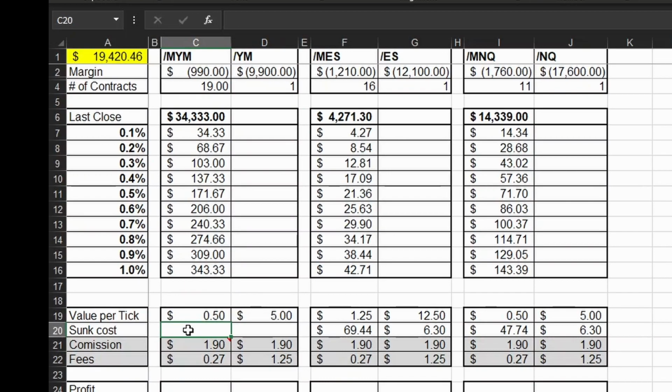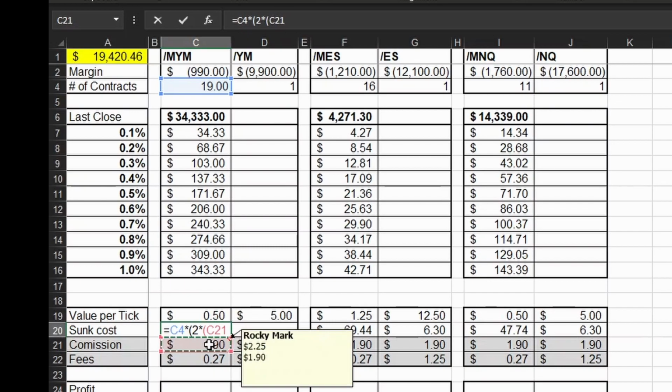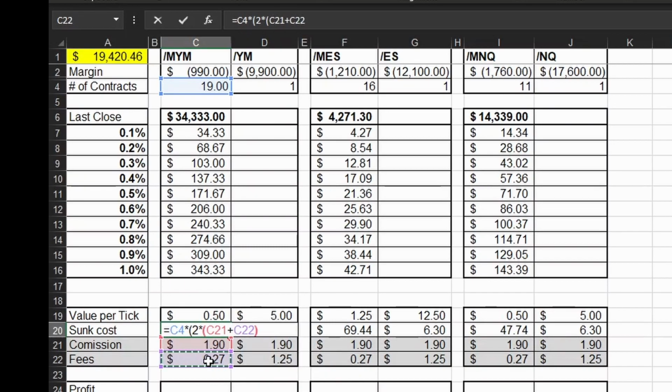So let's go back to the sunk cost here. Essentially what I'm doing is the number of contracts multiplied by 2 times the commission plus the fees, because for a round trip, that's times 2. And there you go.